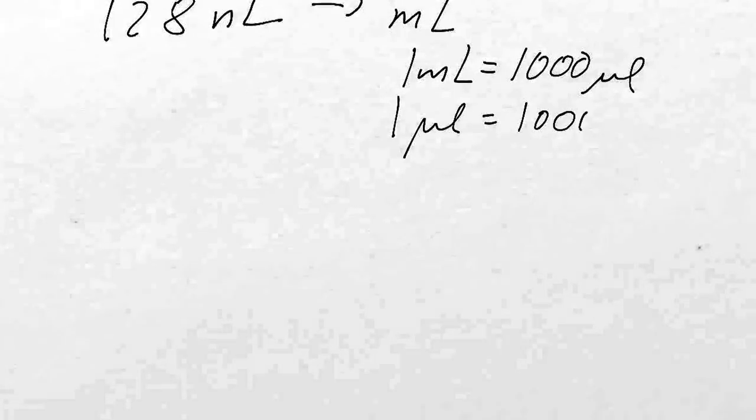So we're doing the opposite now. Again, I know that 1 milliliter equals 1,000 microliter, and 1 microliter equals 1,000 nanoliter.